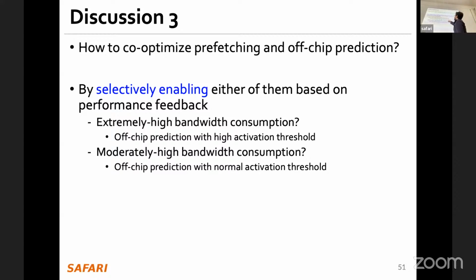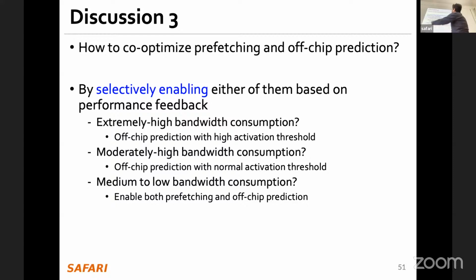But why are we selectively disabling the prefetcher here, or any prefetcher? Because prefetchers, as we have shown, can provide more performance, but for that performance they are also going to consume a lot more bandwidth. So if bandwidth is extremely constrained for your system, then definitely first turn off the prefetcher and operate on the off-chip prediction with some threshold.